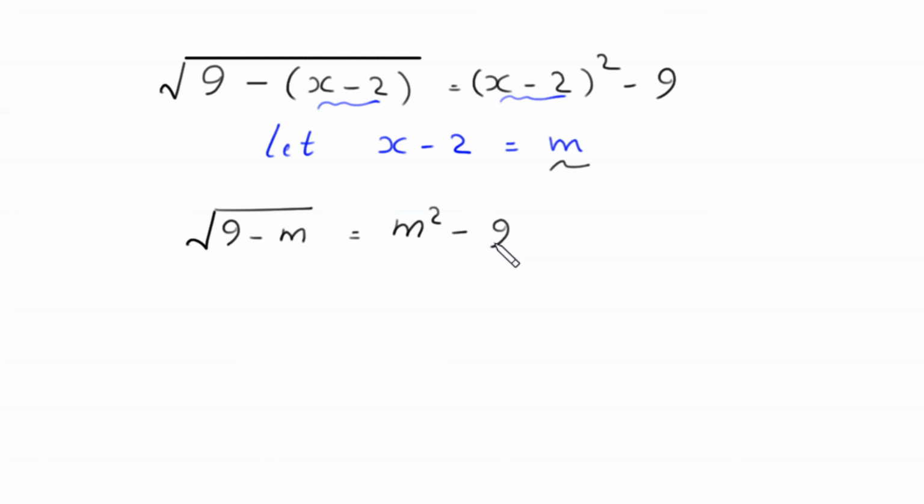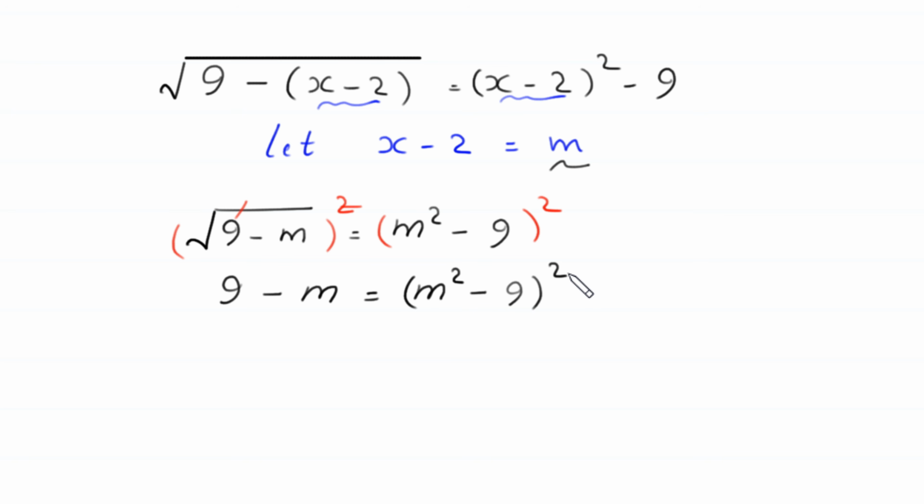From here we take square of both sides. So this square will be cancelled out with this square root, and at left hand side we are left with 9 minus m is equal to m squared minus 9 whole squared.